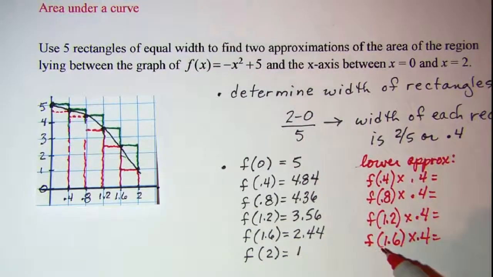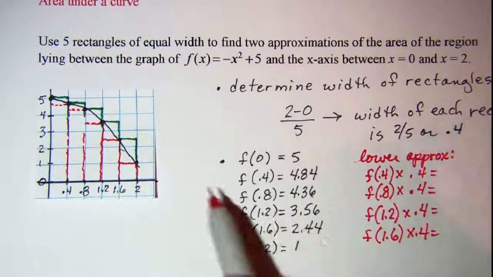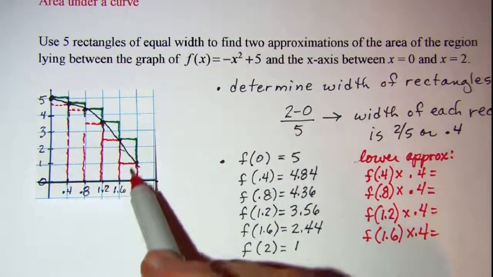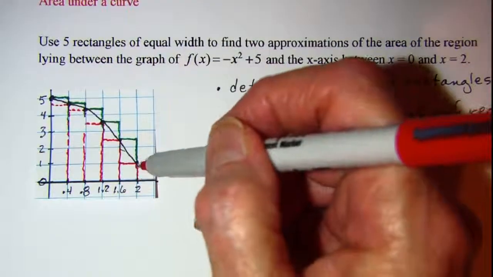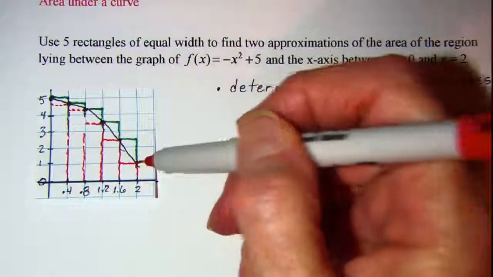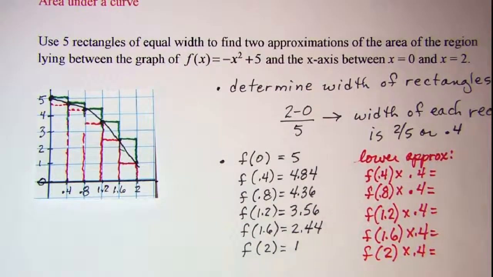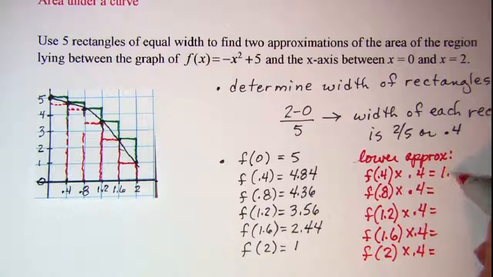And then for this rectangle, the height of the rectangle is the y value when x is 2. So f of 2 times 0.4. Now if we do the math on these, this comes out to be 1.936.